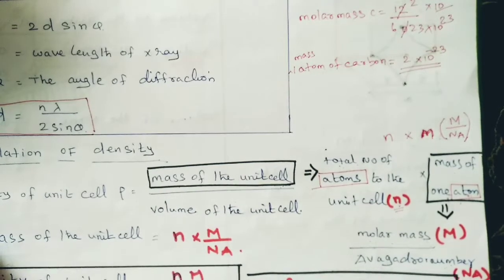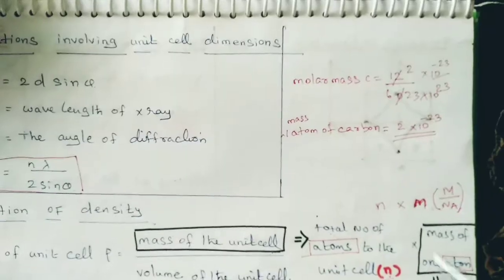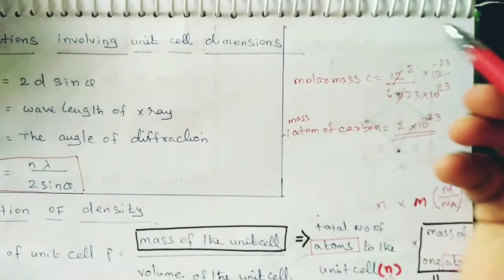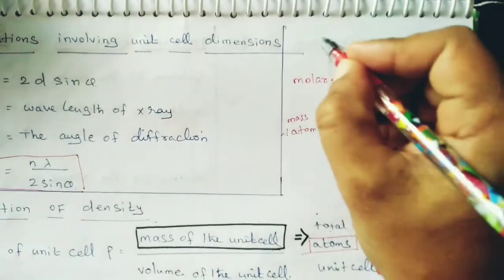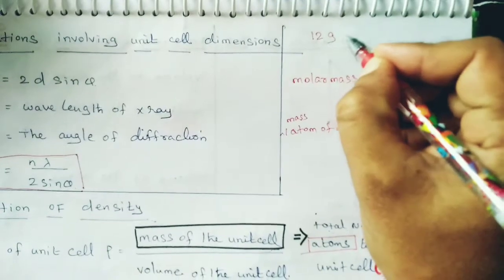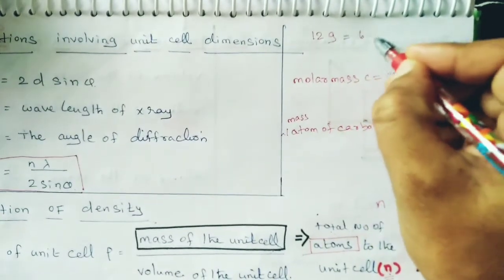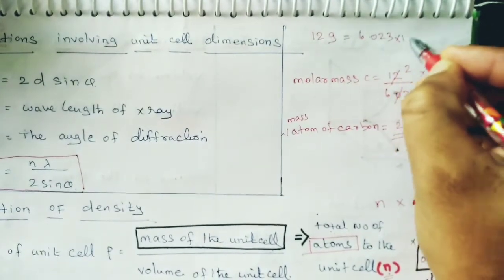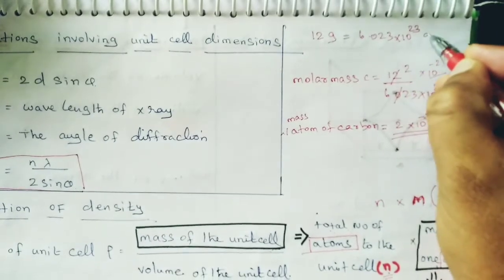Let us see with an example. Molar mass of carbon: 12 gram of carbon has 6.023 into 10 to the power of 23 atoms.